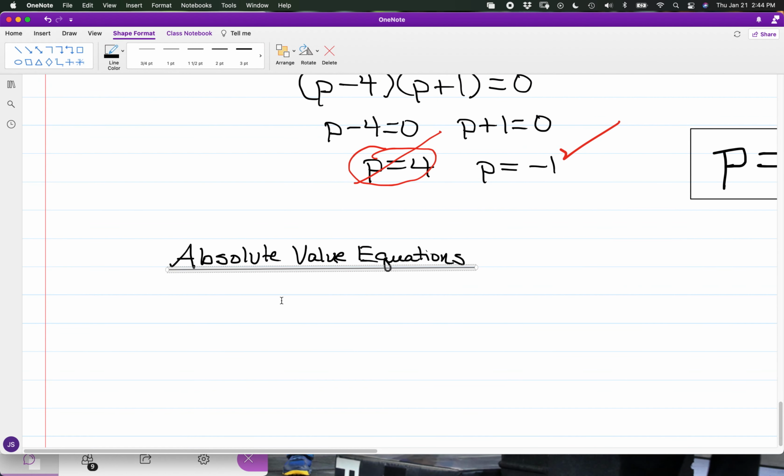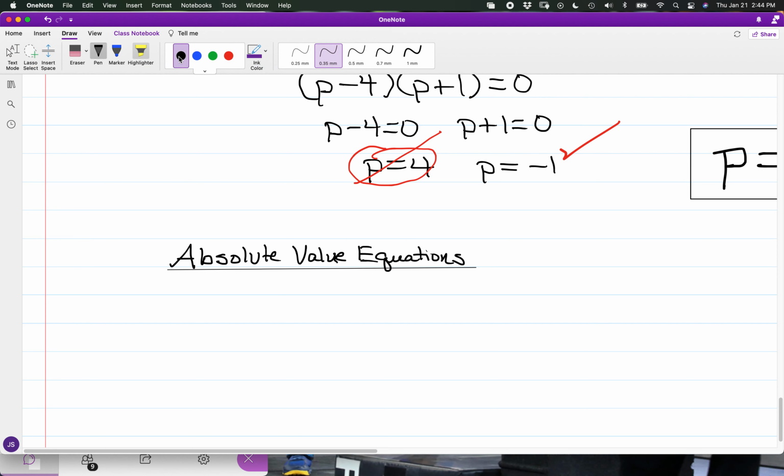And for what we have with absolute value, we're going to throw in some symbolism here.